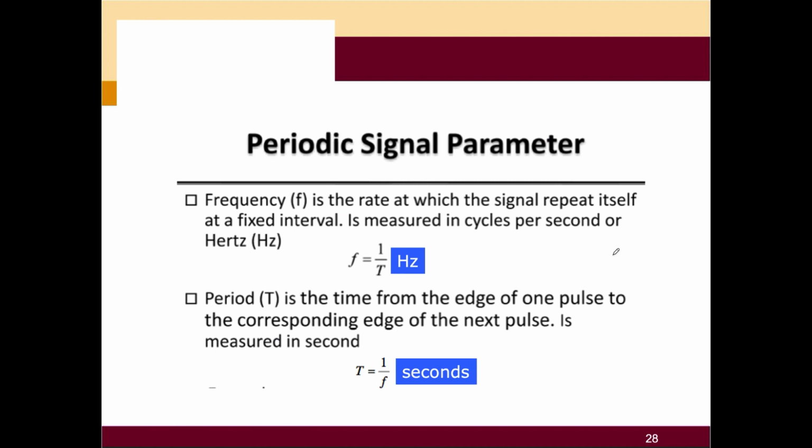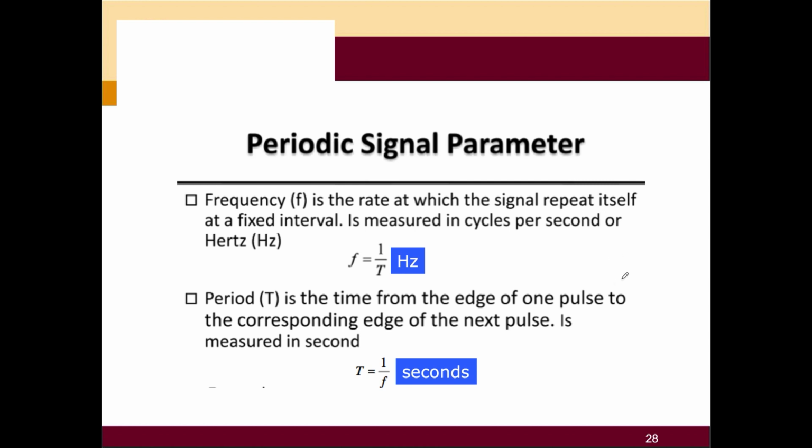So over here, this is the equation. I think you already learned this in your physics for SPM, but if you didn't take physics, you still learned it in your science class.